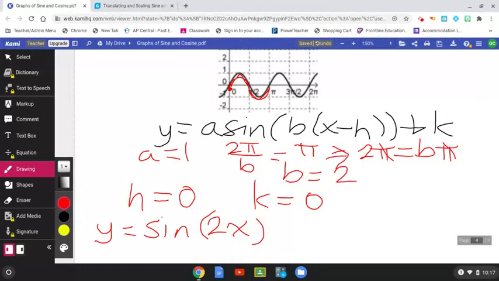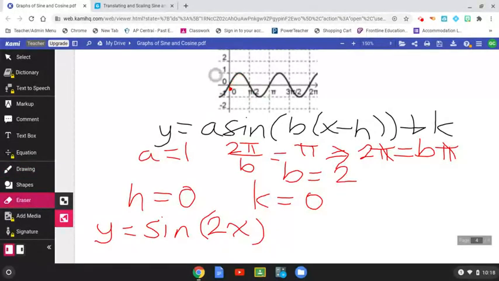Okay, now I wanted to show you that we could also write an equation for cosine for this graph if we wanted to.